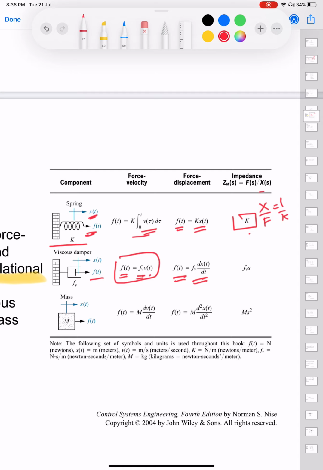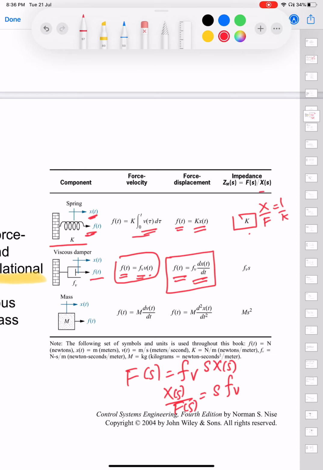If you want to find the impedance, you have to transform this into the S domain. So F(s) is equal to f_v, this f_v is constant, times sX(s). If you want the transfer function X(s) by F(s), it is equal to 1 by s times f_v, and that's what we have here.